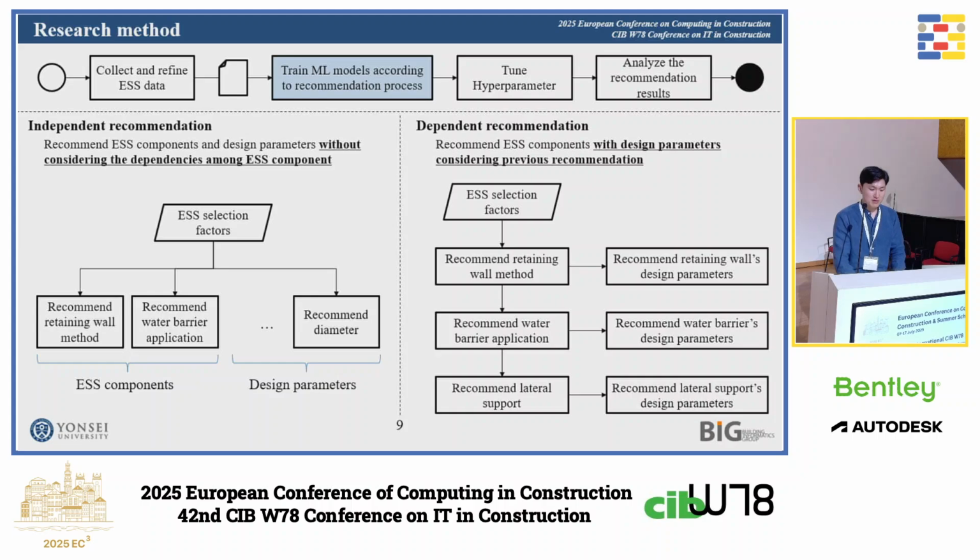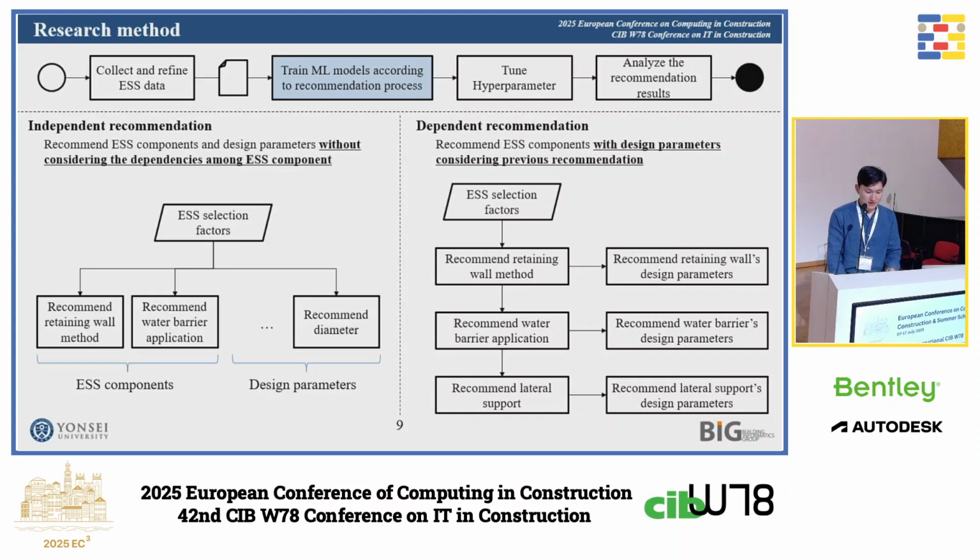We experimented with two machine learning approaches to recommend both the ESS components and design parameters. One is the independent recommendation, and the other is the dependent recommendation. In the independent recommendation process, once the input selection factors are provided, the ESS components and design parameters are recommended individually.